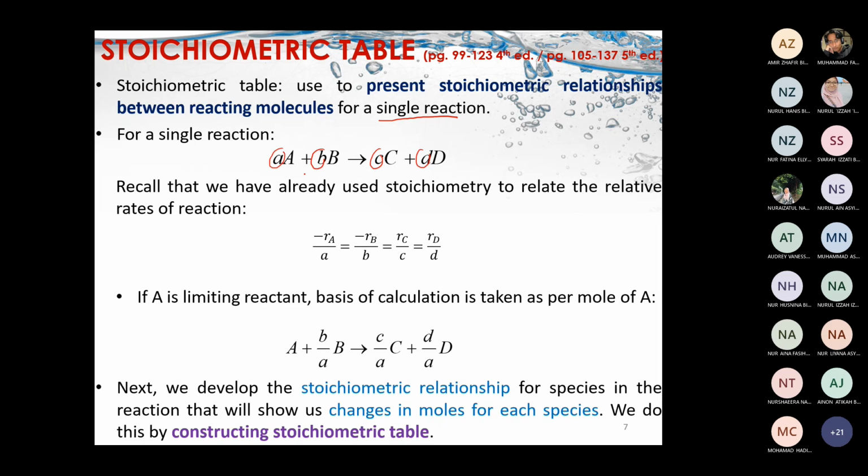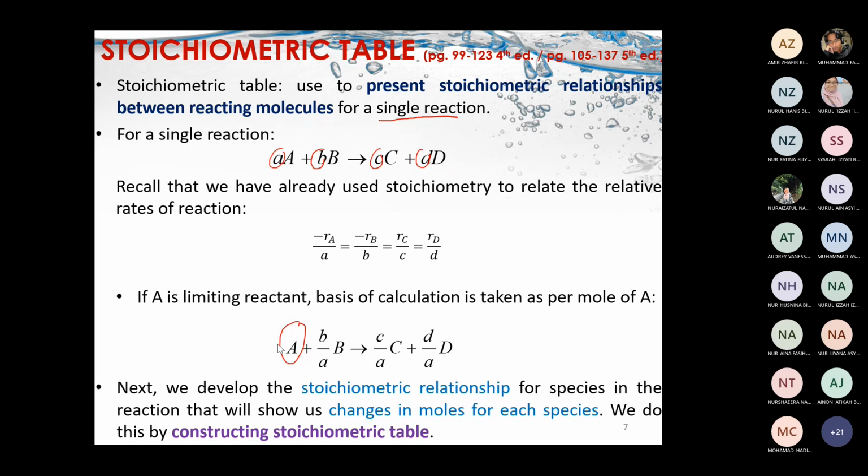So we get negative Ra over a, Rb over b, and we have Rc and Rd, which are in the positive sign since it is formation of the compounds C and D. If A is the limiting reactant, the basis of calculation is taken as per mole of A.